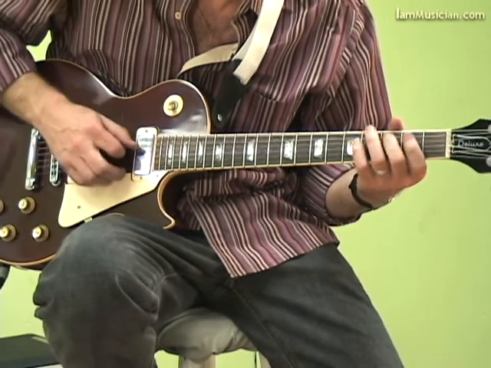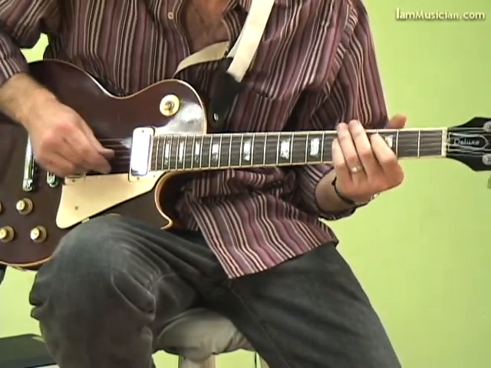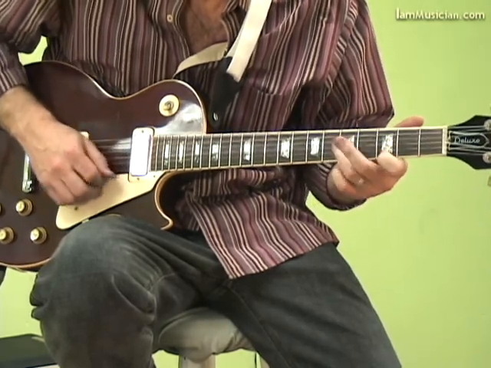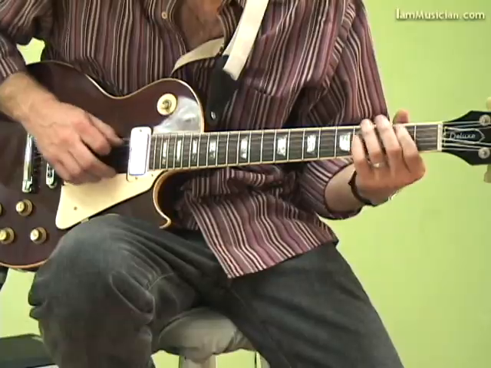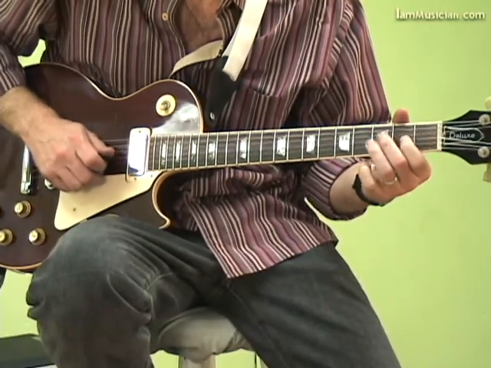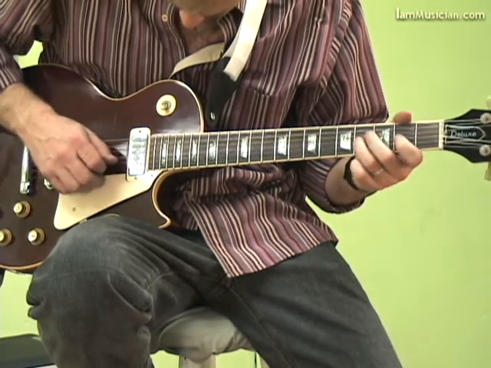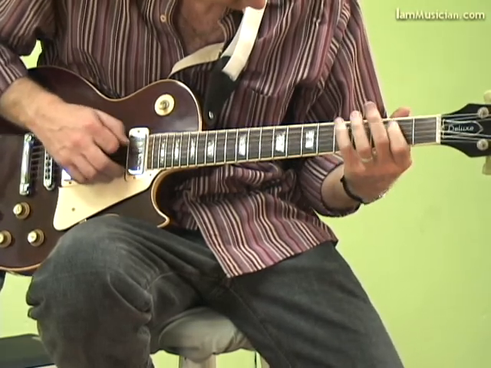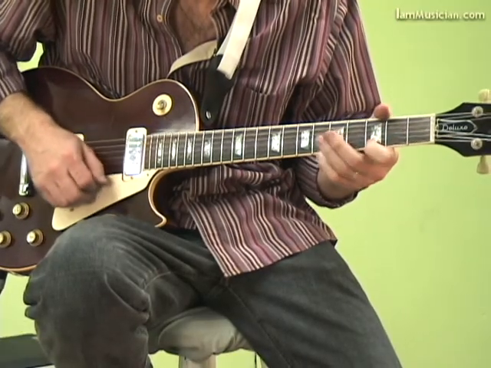Double time that one. Again. Now here's B Dorian. Back to C Mixo or C7.